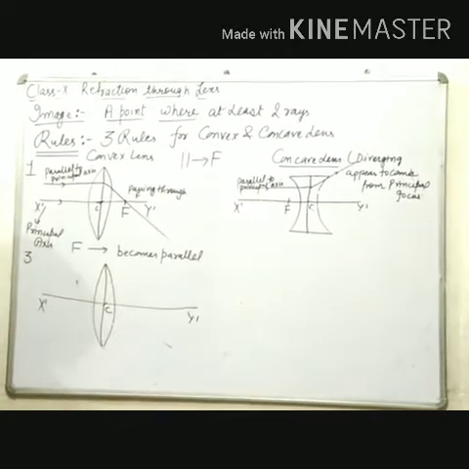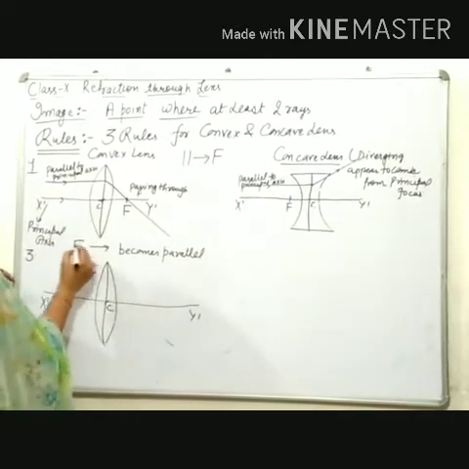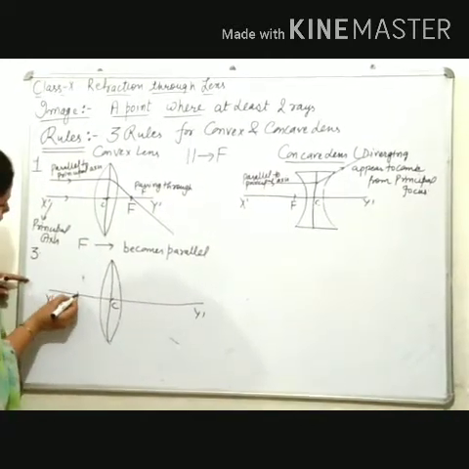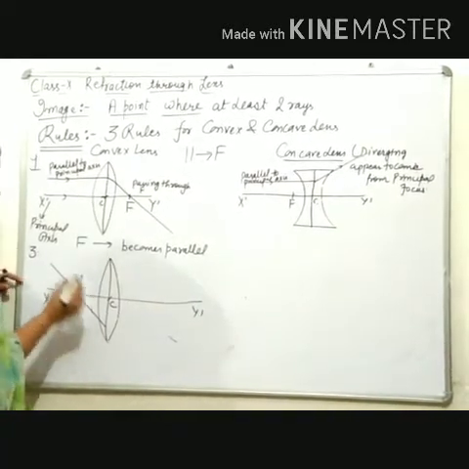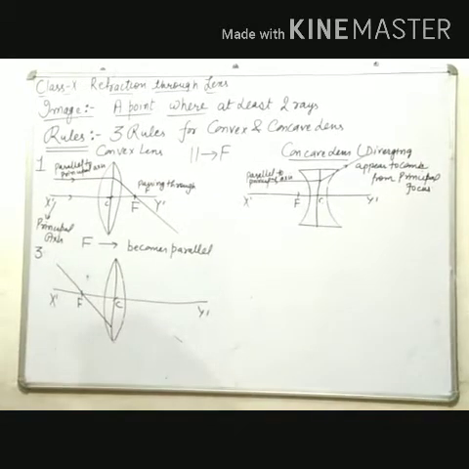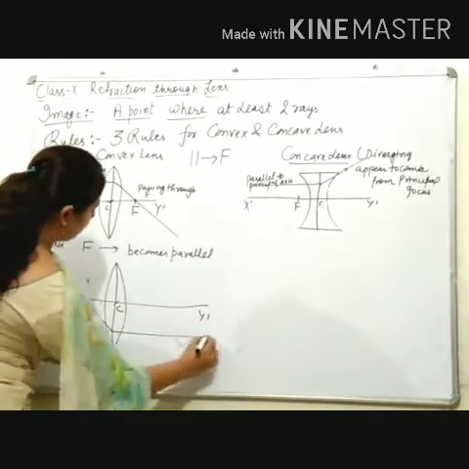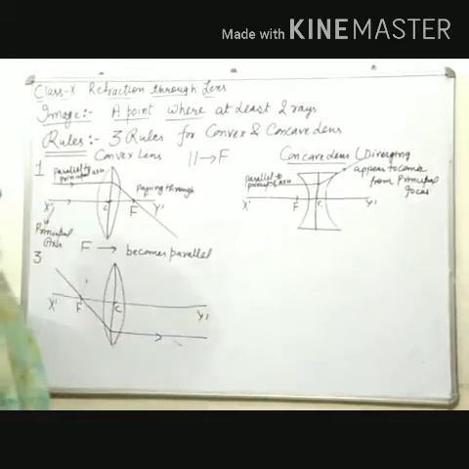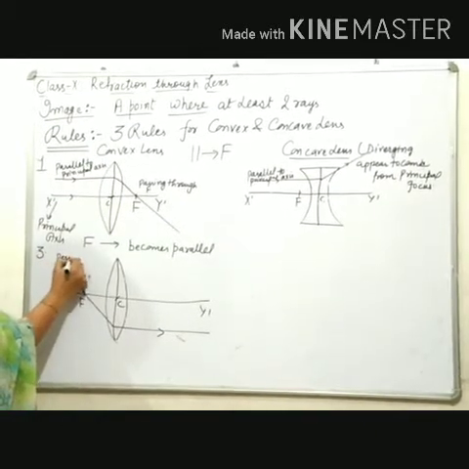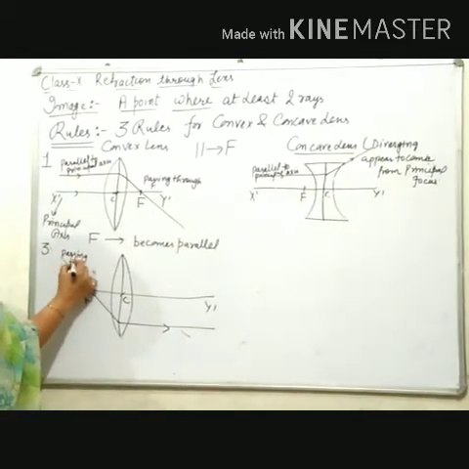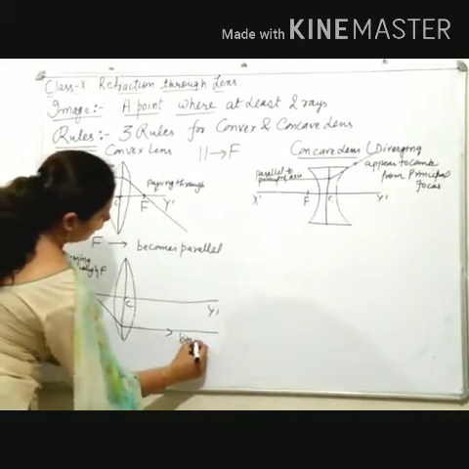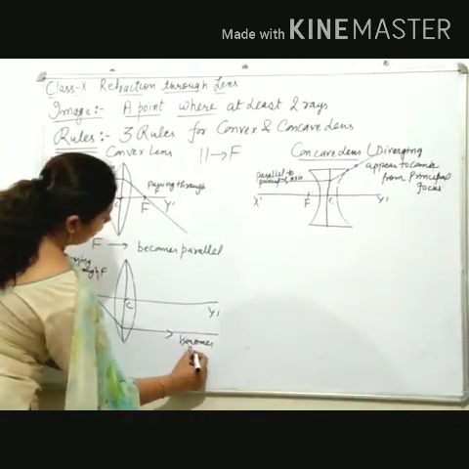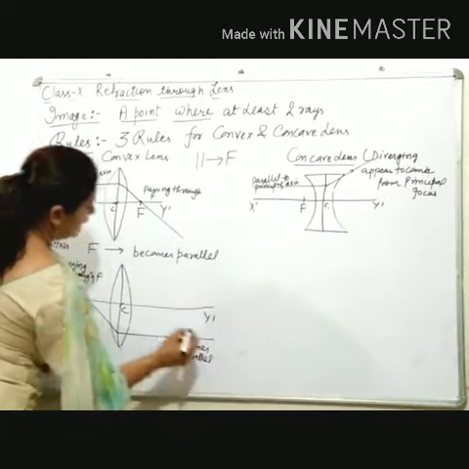This is the optical center. If a ray is passing through the principal focus, after passing through the lens, it becomes parallel to the principal axis. It means it was passing through focus and now it becomes parallel to the principal axis.